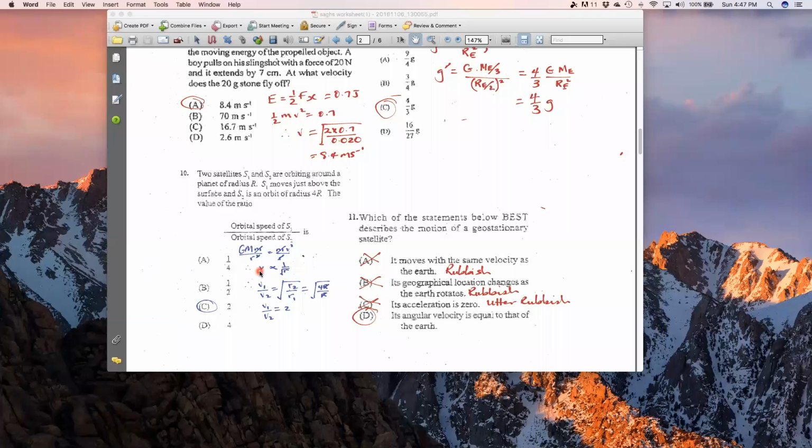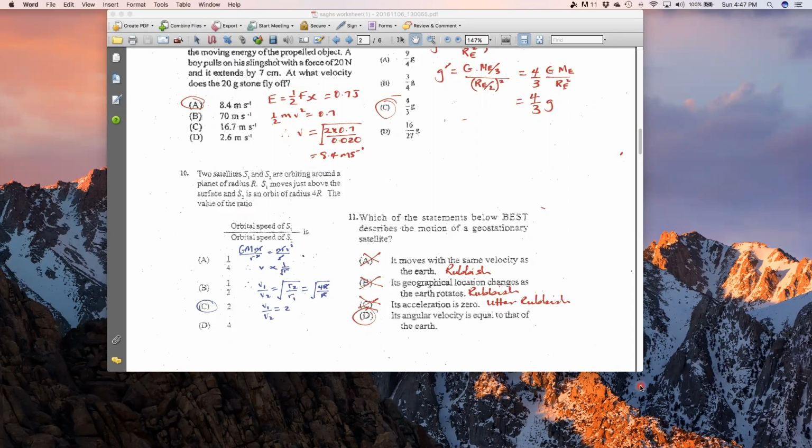Now, if we are saying that the speed of orbital motion, the speed at which a satellite has a stable orbit, v, is inversely proportional to the square root of the radius, then we have two situations here. We have one satellite, S1, and they're telling us that satellite S1 is orbiting with a radius of r. So for S1, V1 as I call it, all right?